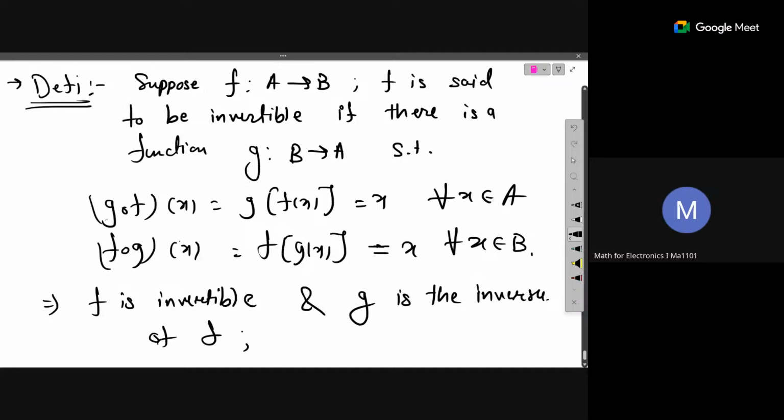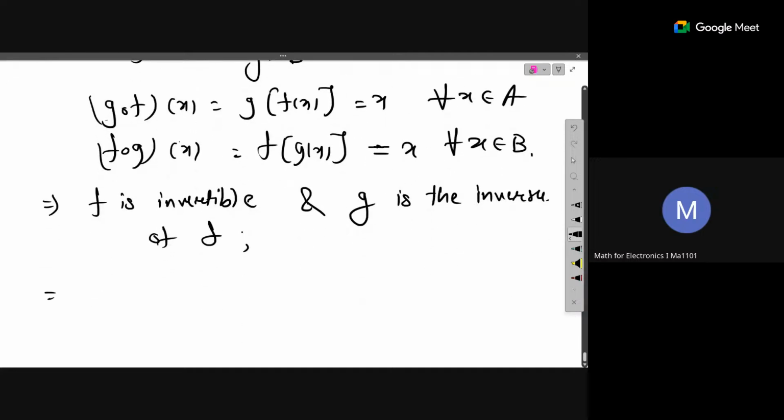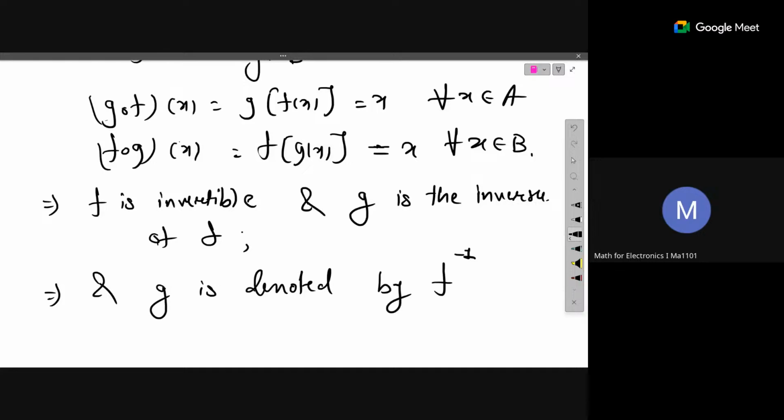And this G is actually denoted by f inverse, right? Okay. And G is denoted by f with the inverse, minus 1, here.